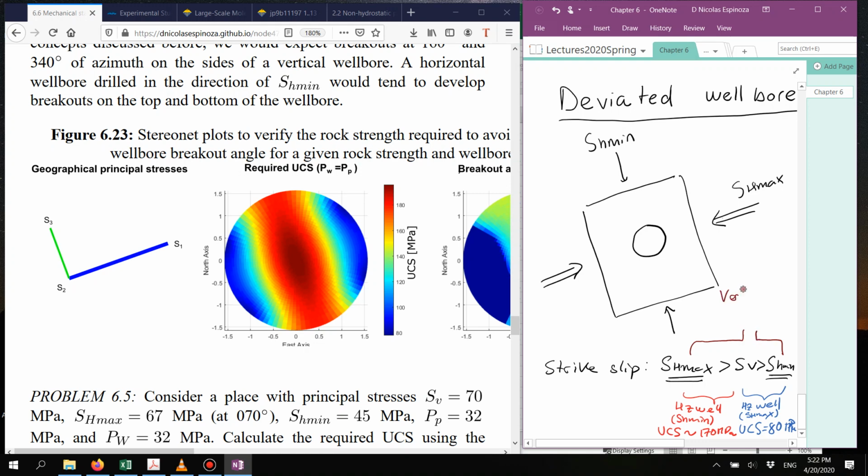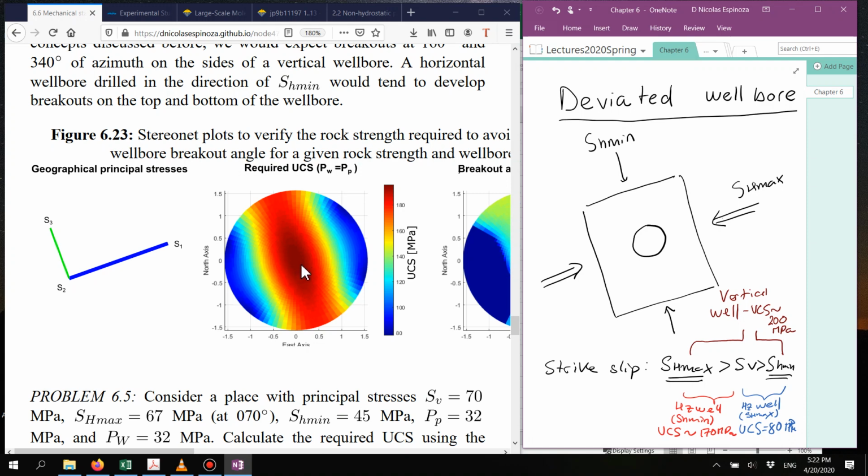That's going to be a vertical wellbore and requires, in this case, a UCS of about, let's say, 200 MPa. By the way, that would be quite a strong rock. Okay, so this is how we would use these plots.